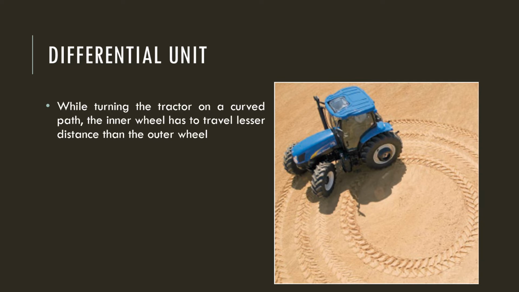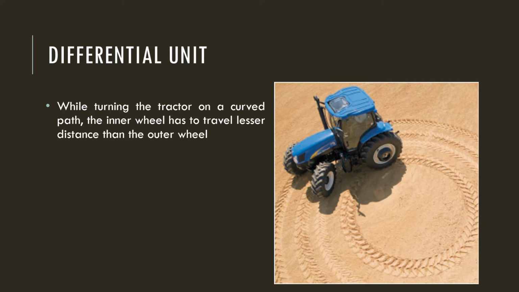both the inner and outer wheel with the help of the engine, equal power is given to both the outer wheel and the inner wheel, but they have to rotate at different speeds. When the tractor is in a straight line, both the wheels have to rotate at the same speed and both receive the same amount of power.